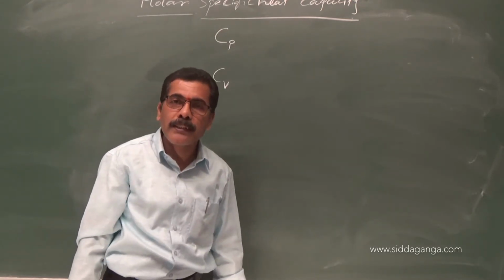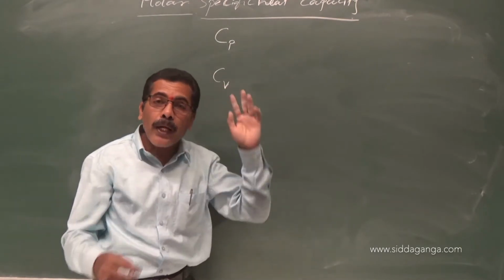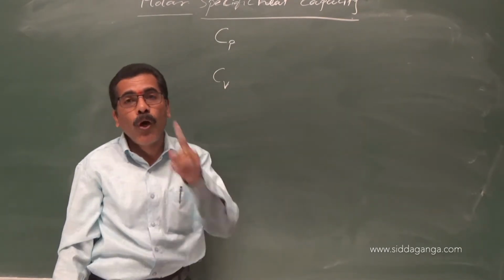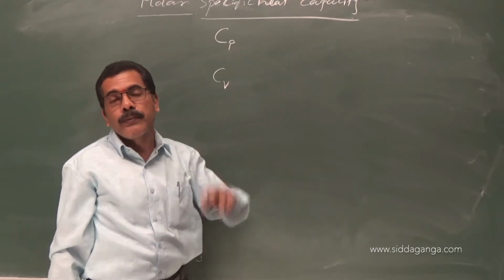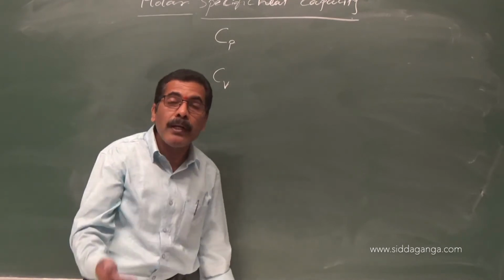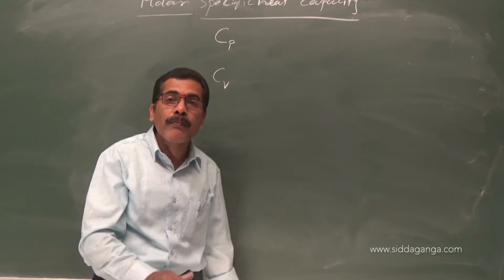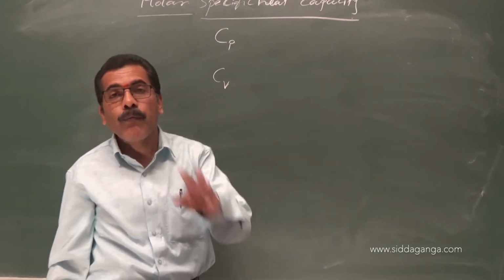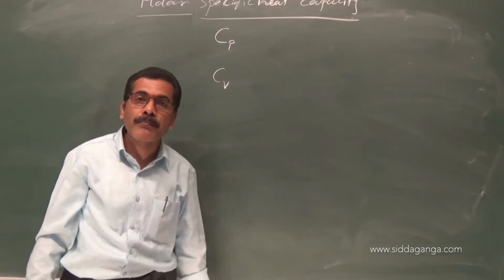What is Cv? The amount of heat required to raise the temperature of 1 mole of gas through 1 Kelvin when volume is kept constant, indicated by Cv.